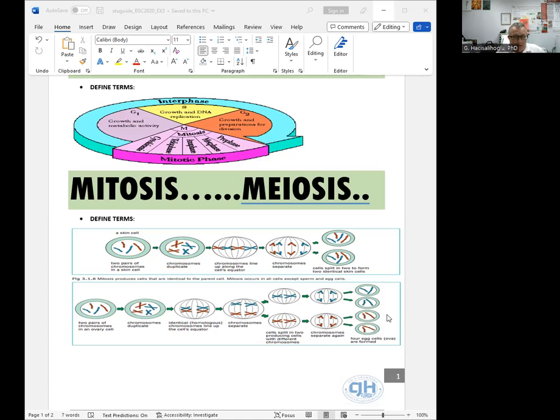It's a pretty short module, and just make sure that you know the 10 steps of meiosis, 5 steps of mitosis, and 3 major parts of the cell cycle, and also study cell cycle control and what happens if cells go out of cell cycle control, which we know can cause cancer cells.